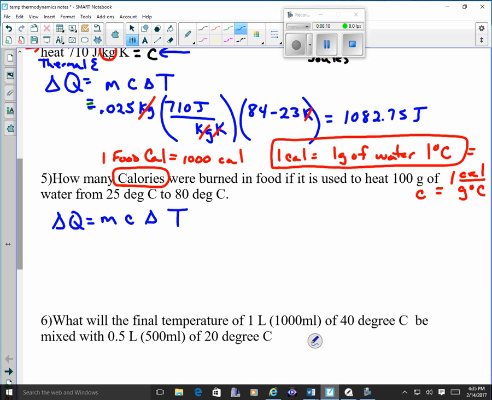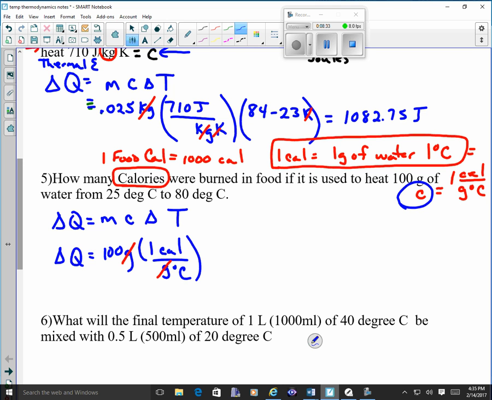I can go ahead and keep the M this time in grams. The reason why I can put 100 grams here is because let's look at the C. See the C right here? It's measured in 1 little calorie per gram degrees Celsius. So now these little grams here are going to cancel out with those little grams here.